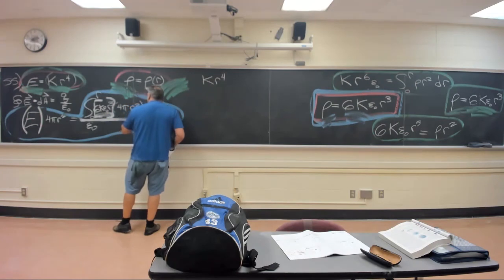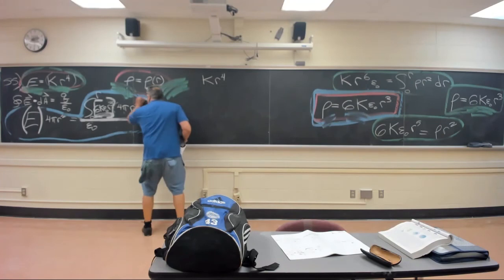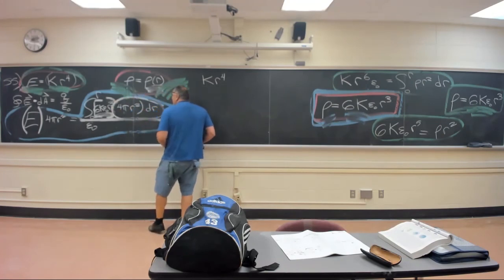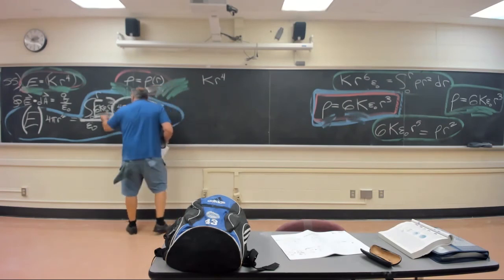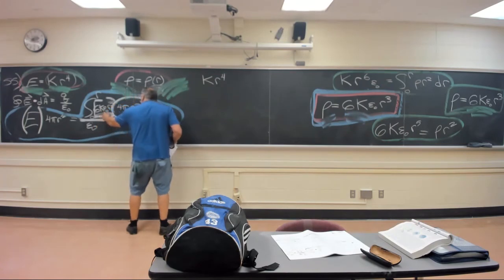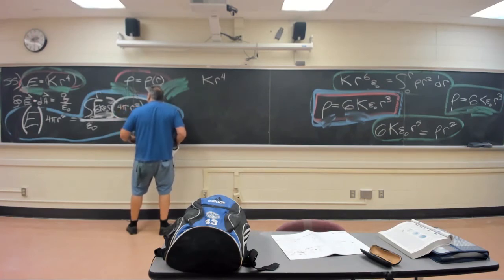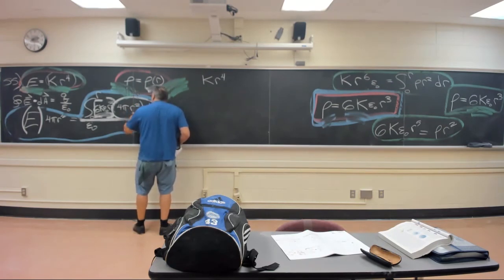4 pi r squared times dr is the differential volume. This is dV, differential volume. Differential volume times the volume charge density. The volume charge density at a particular radius times the differential volume at that radius gives you the amount of charge that is present in that shell, in that differential volume located a distance r away from the center.